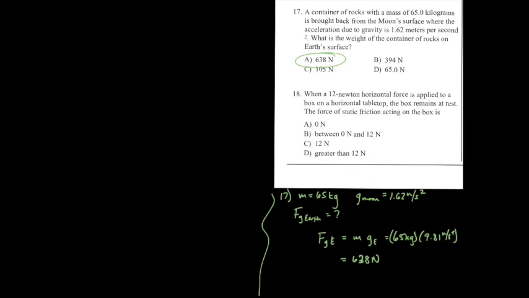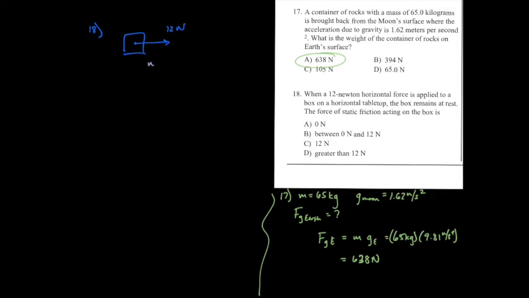Number 18, when a 12 newton horizontal force is applied to a box on a horizontal tabletop, the box remains at rest. The force of static friction acting on the box is, okay. So static friction is what causes objects to stay at rest until you apply a force that is equal or greater than that static friction.